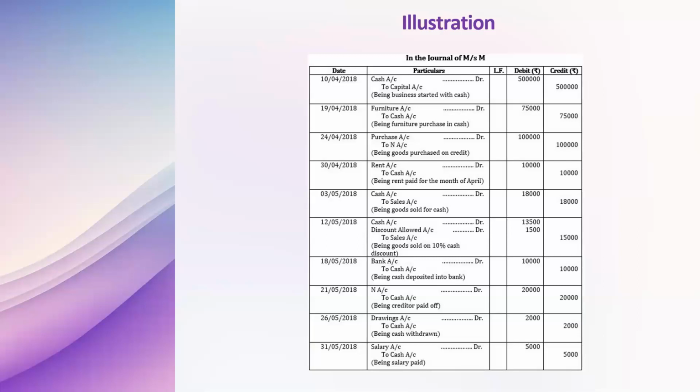So the first entry would be something that may come in your question paper: Journalize the following transactions. The first one: Mr. Gupta commenced a business with 2 lakhs. How would that be posted in the journal?